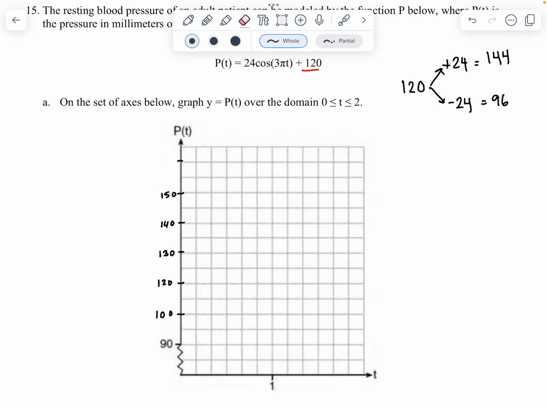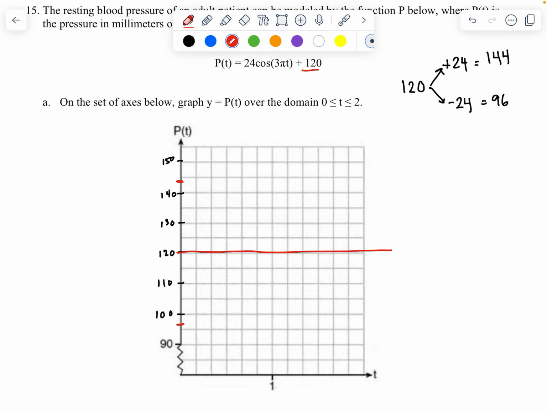Oh my god, I am a silly goose. I forgot 110, 20, 30, 40. Okay, so now I know that 120 is my shift. And from there, I know that 96, somewhere over here, is going to be my lowest, and 144 is going to be my highest.